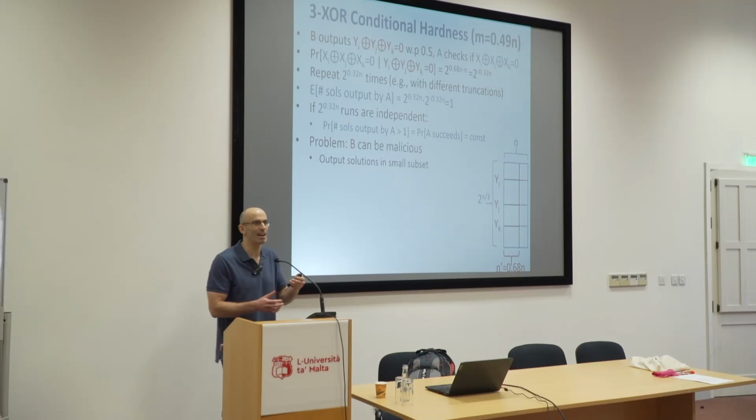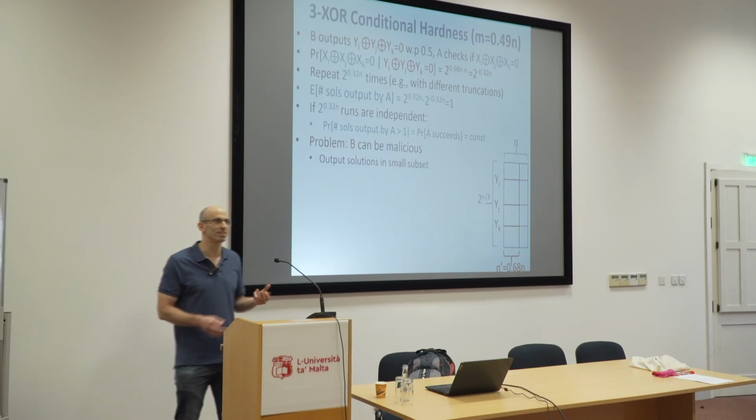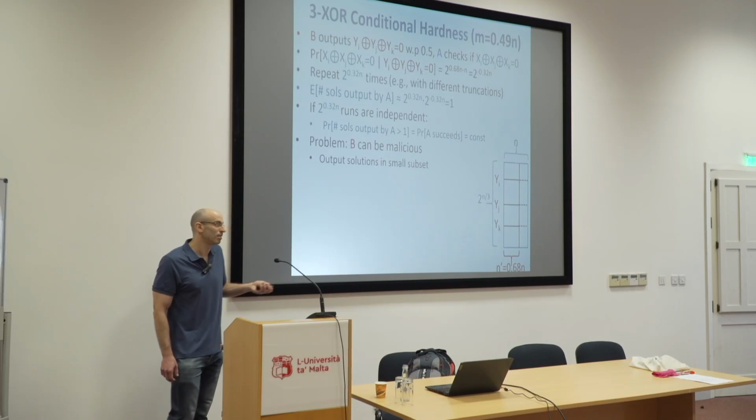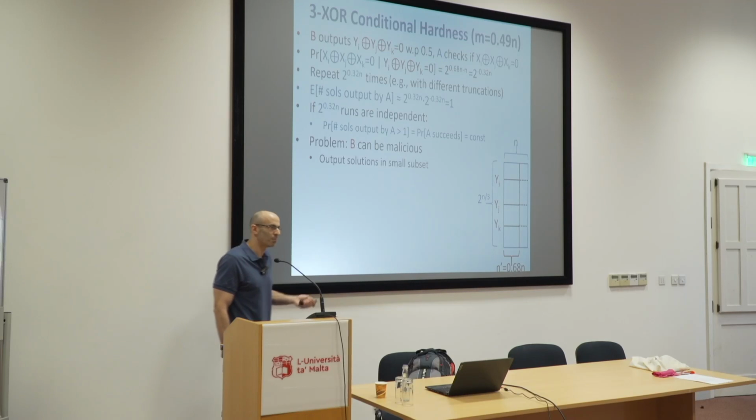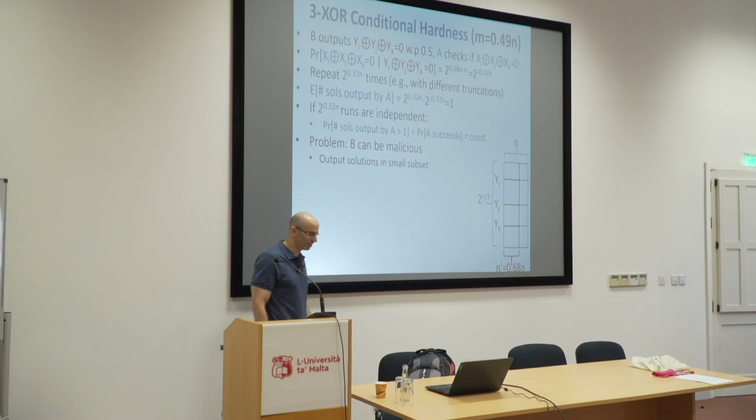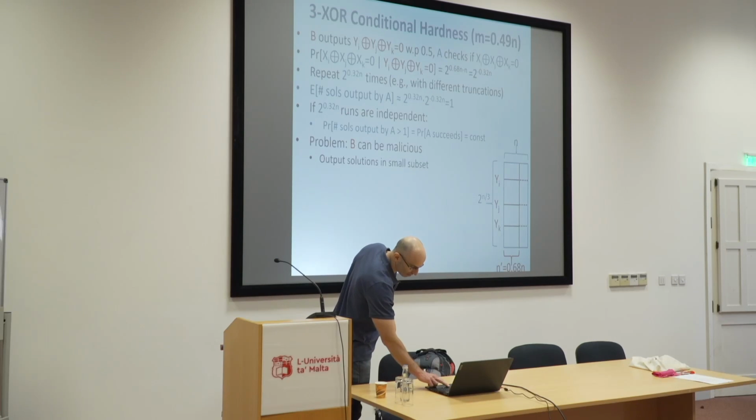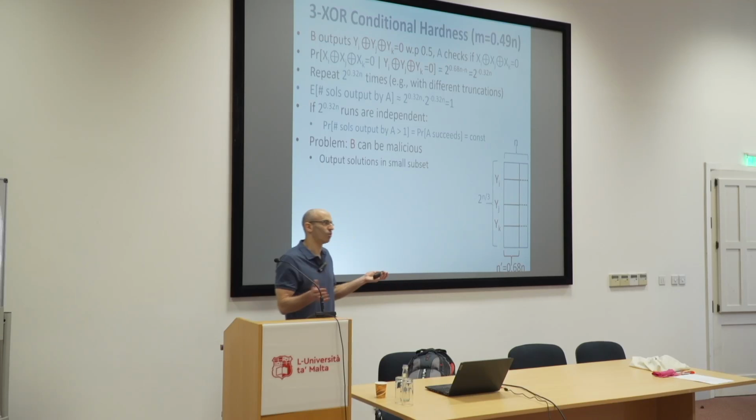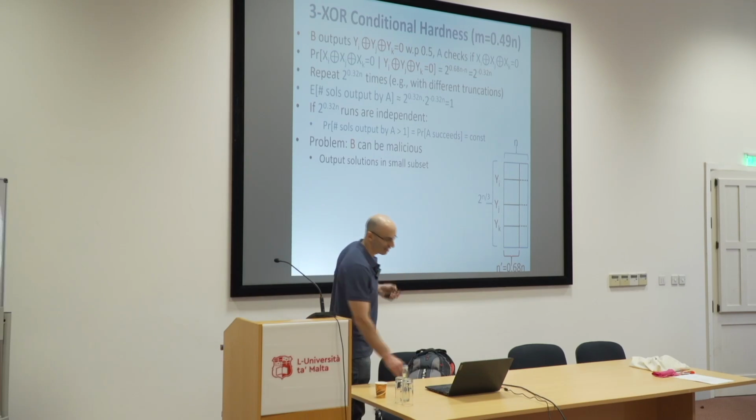And you run it again, and you get the same solution, so you're not gaining anything. The problem is that I haven't shown you that the instances are independent. And in fact, they're not. B can cheat here quite easily with the algorithm that I defined. So for example, here's an algorithm for cheating B that would actually break this analysis.